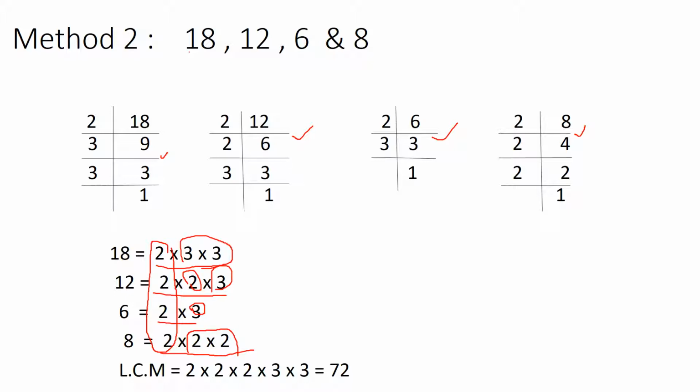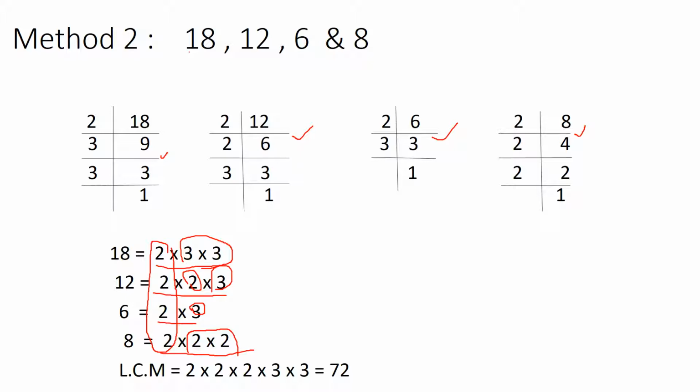So now we are not going to look at all the 4 numbers. We are just going to see the number that is common, either in 1 number, 2 numbers, 3 numbers or 4 numbers. We are going to choose the one that we have more of.